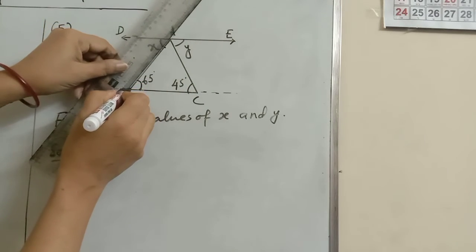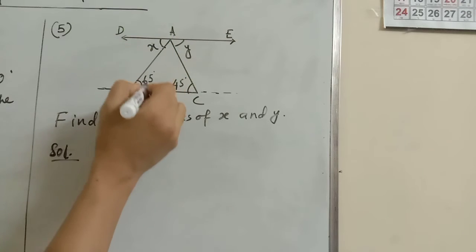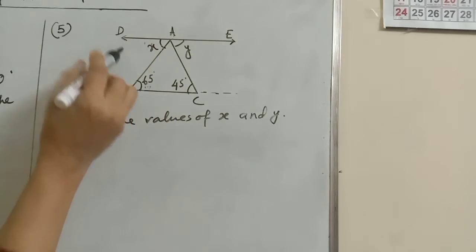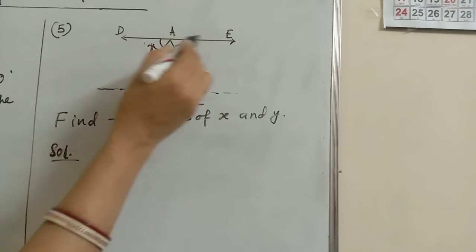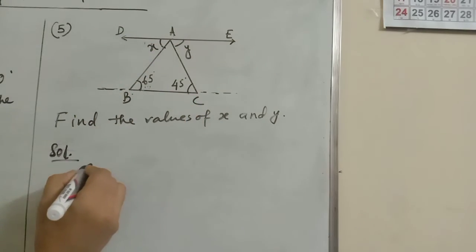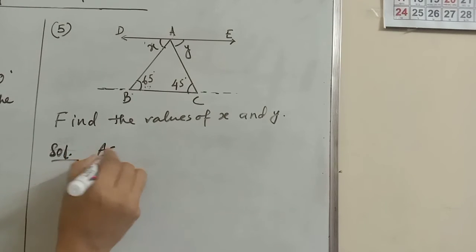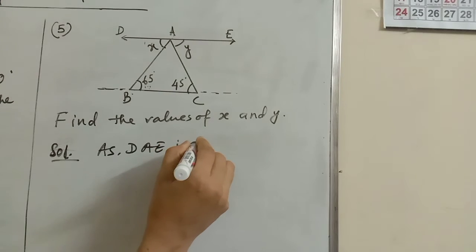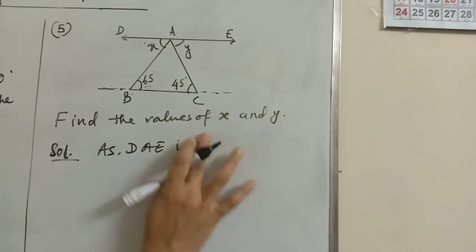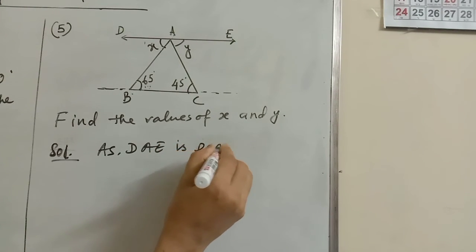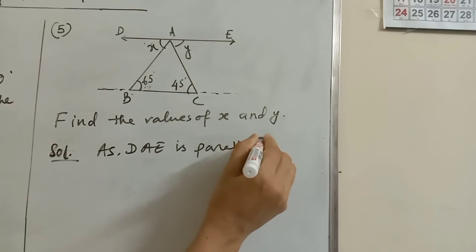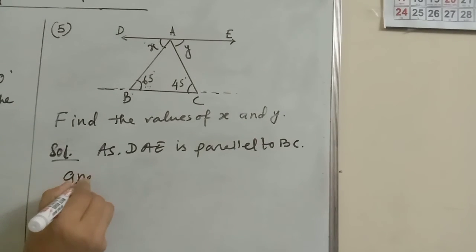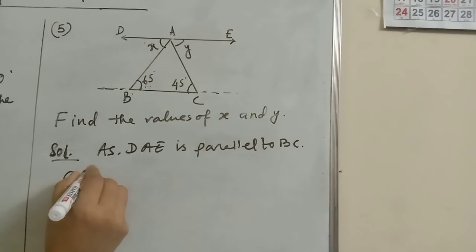If this is the transversal and these two are interior angles but in opposite positions, that means they are alternate angles. It is also given that DAE is parallel to BC, and AB is the transversal.